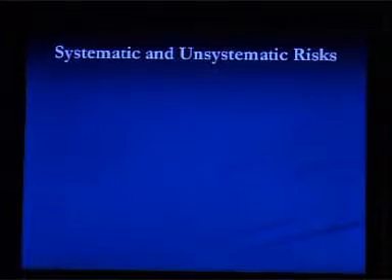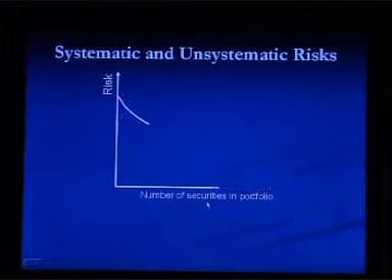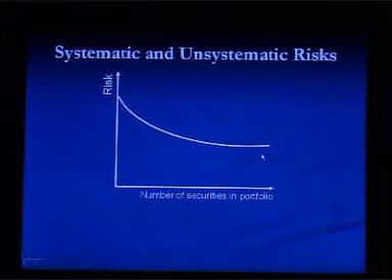The systematic and unsystematic risks can be defined by using a graph where in the horizontal axis we can see the number of securities in the portfolio, and in the vertical axis we get the risk of the portfolio. Now, when we are increasing the number of securities in the portfolio, you can see here that the risk is reduced, but at this stage the risk is reducing at a very low rate.